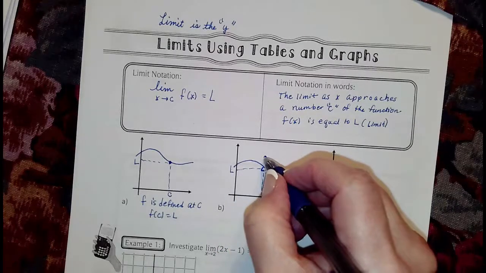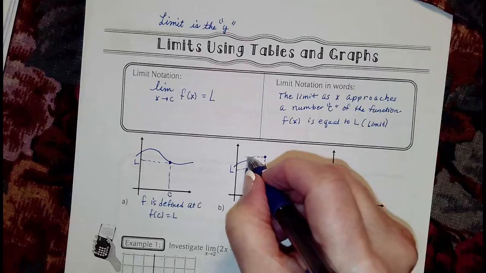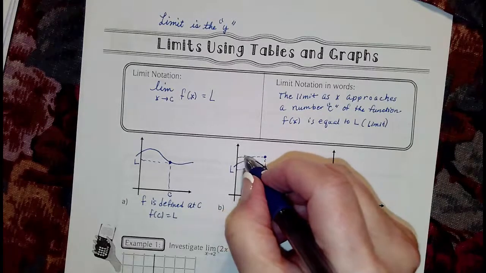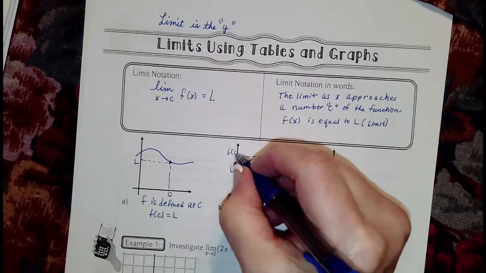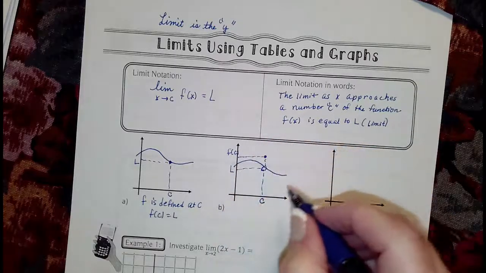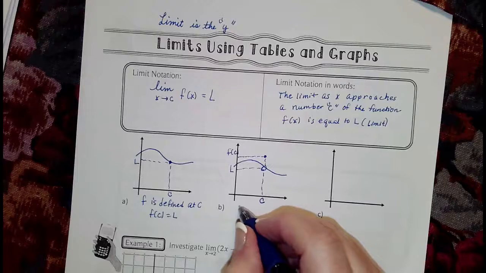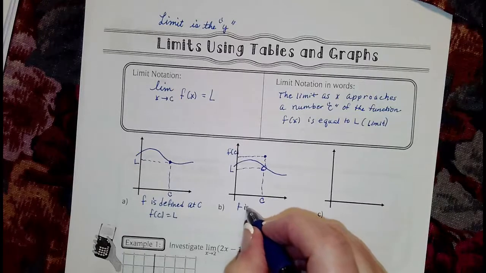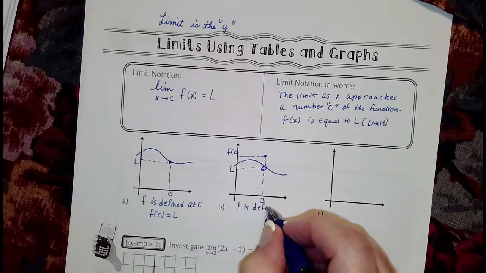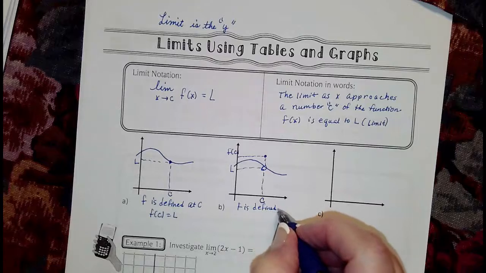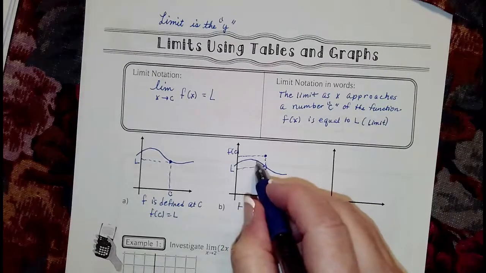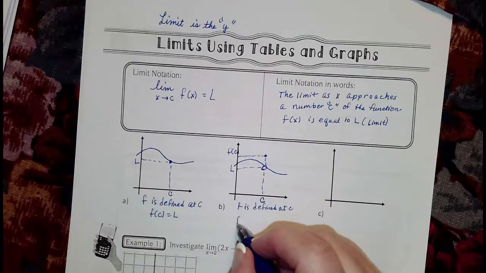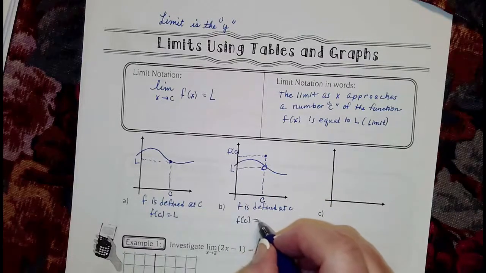There's another one up here. So this would be f of c. So this one is f is defined at c. That would be this one, right? F is defined at c. But f of c does not equal the limit.